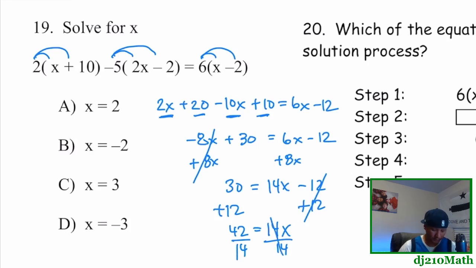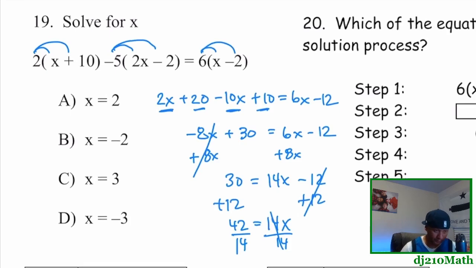Cancels on the right. So what do you think? I think 14 times 2 is 28. And then 3, right? 14 times 3. So it's definitely not 2, right? Because this is 14 times something equals 42.